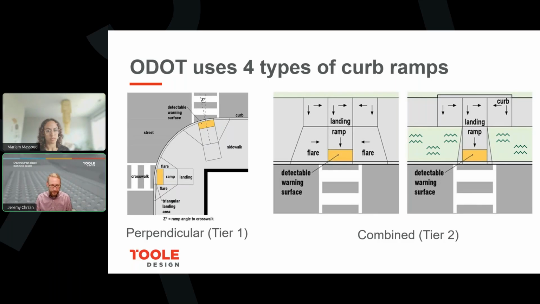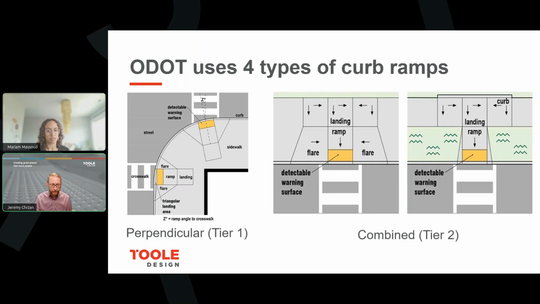Tier 2 is a combined ramp type, so it has elements of a perpendicular ramp. So the best example is that image on the right, showing the sidewalk having a portion of a parallel style curb ramp, and then the connection to cross to the crosswalk is fundamentally a perpendicular style ramp.